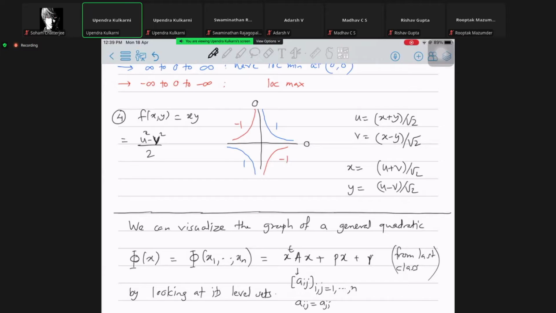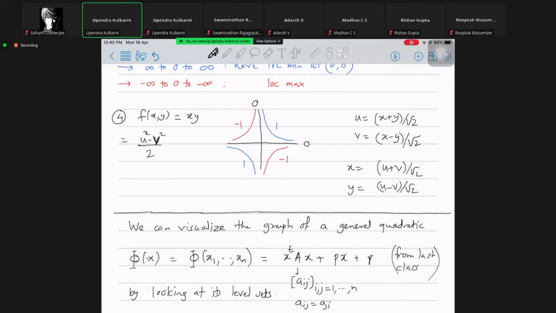It's a symmetric matrix. Because remember, when I write a quadratic polynomial, I'm not going to write a separate term x1, x2 and a different term x2, x1. Right? So when I have a quadratic polynomial, the matrix is automatically going to be symmetric. It is because the way I do it is that the coefficient of x1, x2, I will put half of that in the A12 term, and then the A21 term will be exactly the same, right?